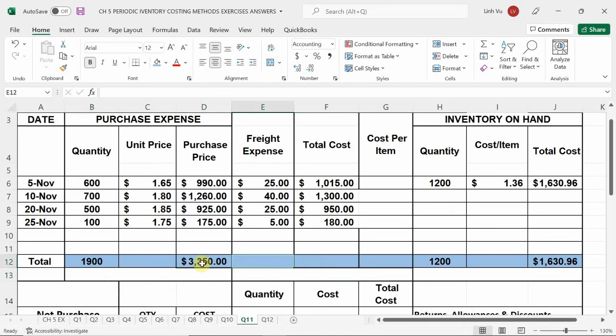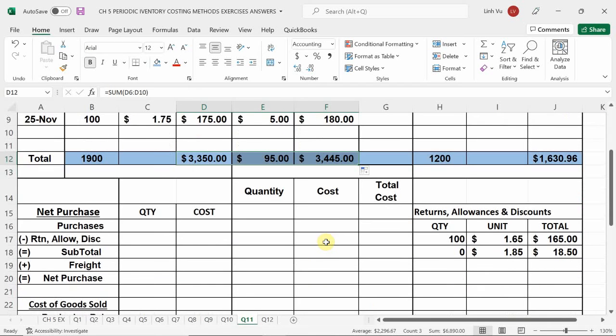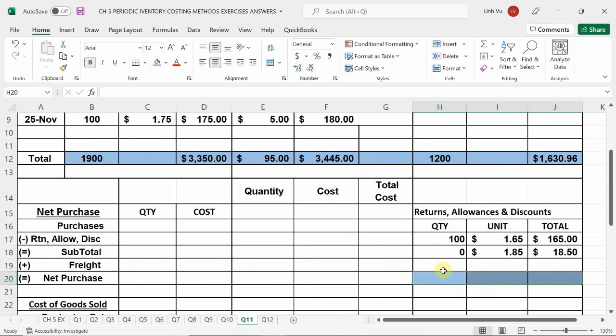Total freight, $95, giving you a grand total cost of $3,445. And let's go ahead and solve for my total returns and allowances here.